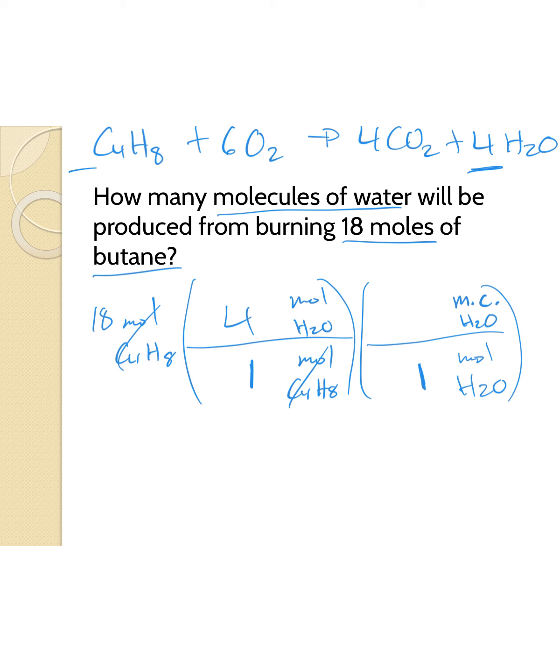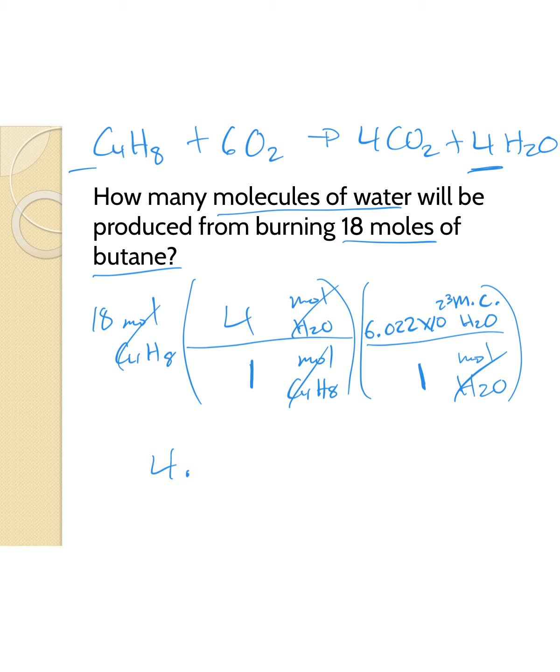And the number in front of molecule always is 6.022 times 10 to the 23rd. So be very careful punching this out again, because some of you are not using the double E button. So I go 18 times 4 times 6.022, double E button, 23, and I hit enter.